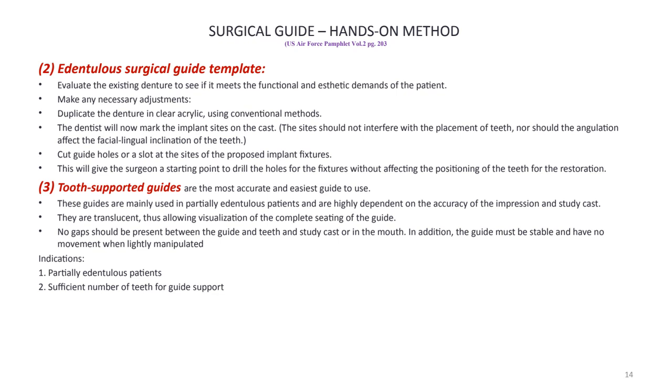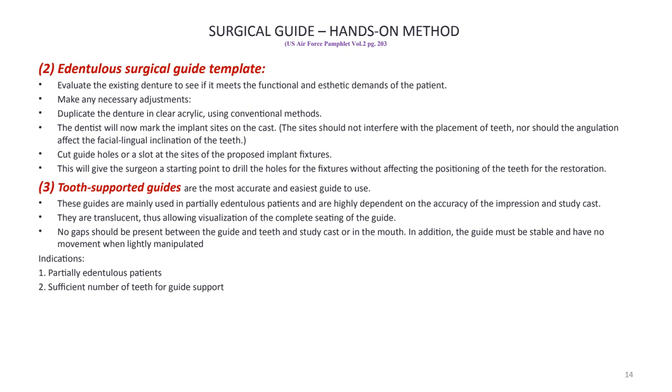And now the dentist will mark the places on the denture where the implants might be placed, okay? Cut the holes or slots inside the stent, and those holes are going to be used by the surgeon to drill into the bone, okay?